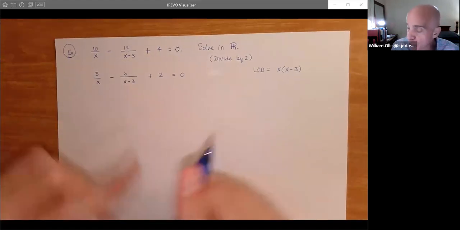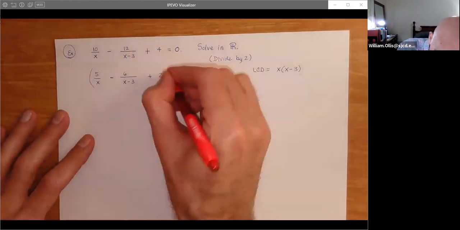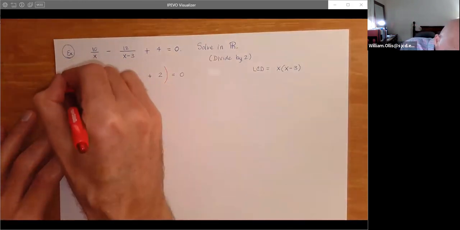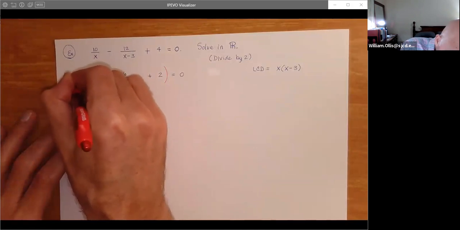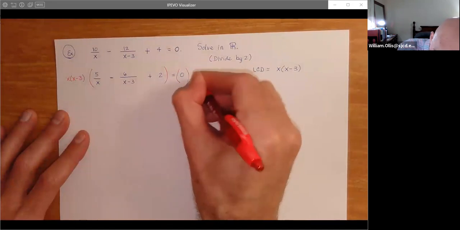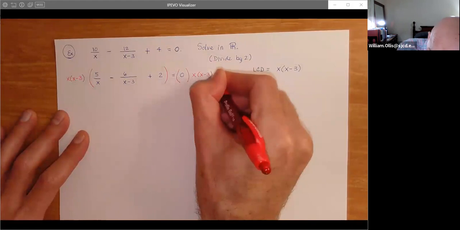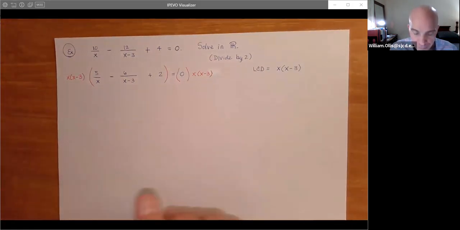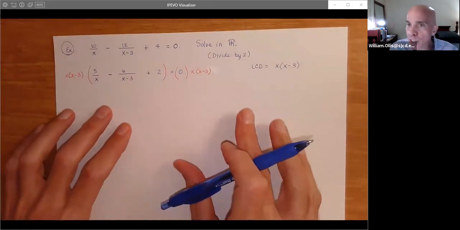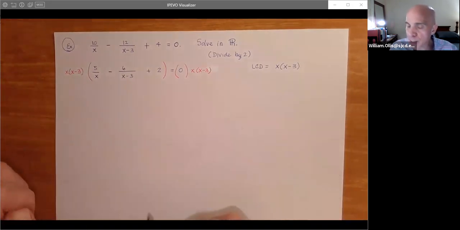So that's our least common denominator. So now we can do symbolic computation. Multiply both sides of the equation by x times x minus 3. Do the same here, even though it's just a 0. We'll go ahead and write it out anyway. As you learned in your college algebra class, and also when you took Algebra 2, you did the same thing.